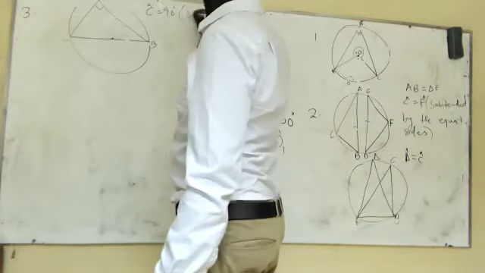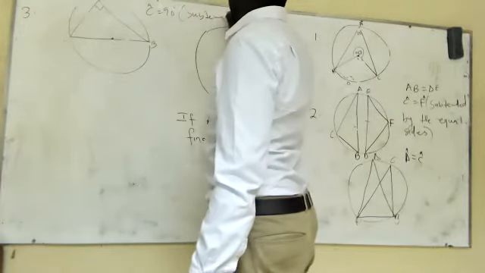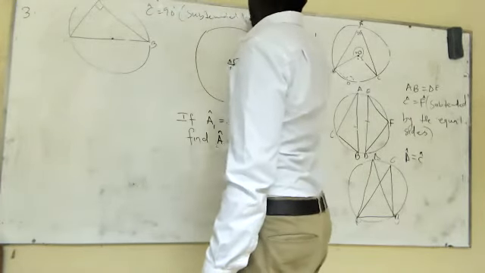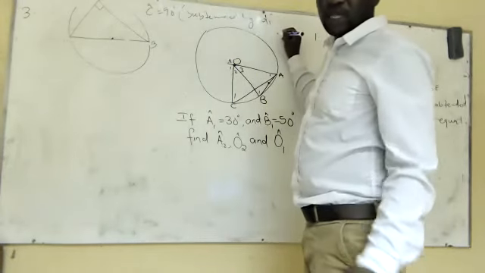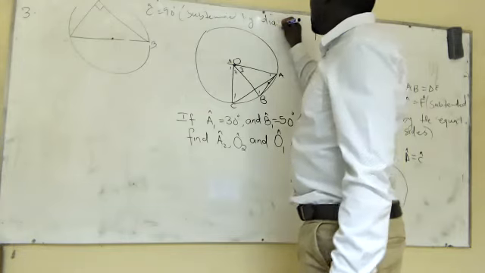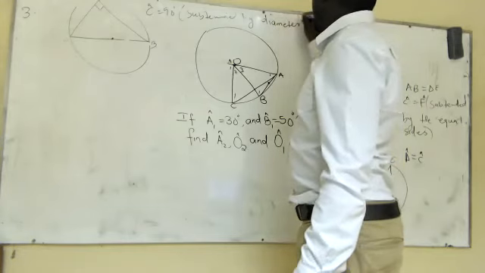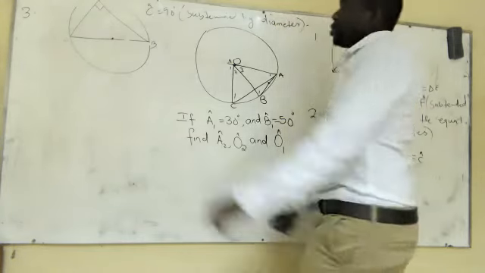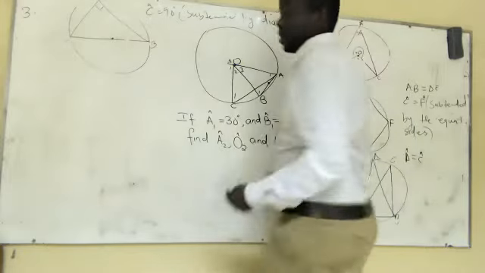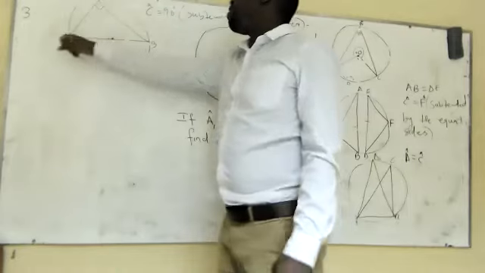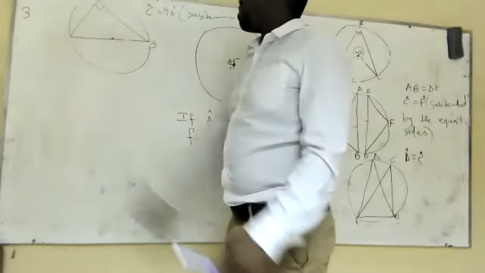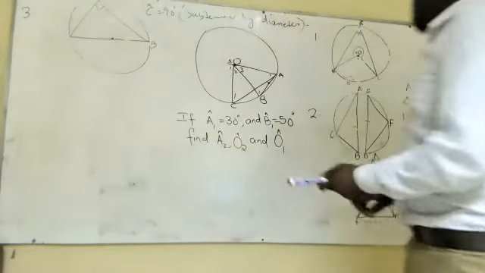Why? Because it's subtended by the diameter, not the chord. You must know the difference between the diameter and the chord. And it can be the other way around. If you are given that this angle here is 90 degrees, then you must know that it's a diameter that you have down. Okay.